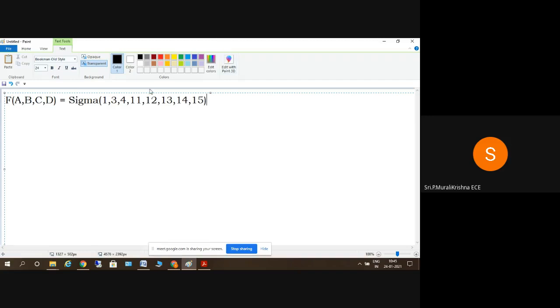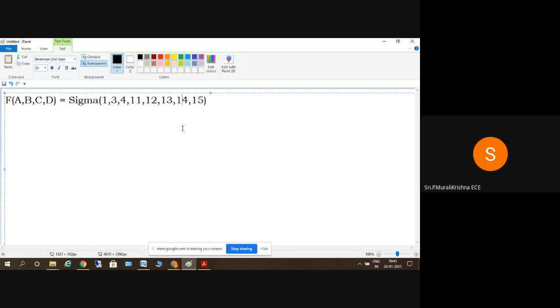Yes or no? So generally selection lines are A, B, C. F will be in terms of d, d bar, 0 or 1. And when there are 3 selection lines, the multiplexer implemented is 8:1. Clear? Yes, sir.